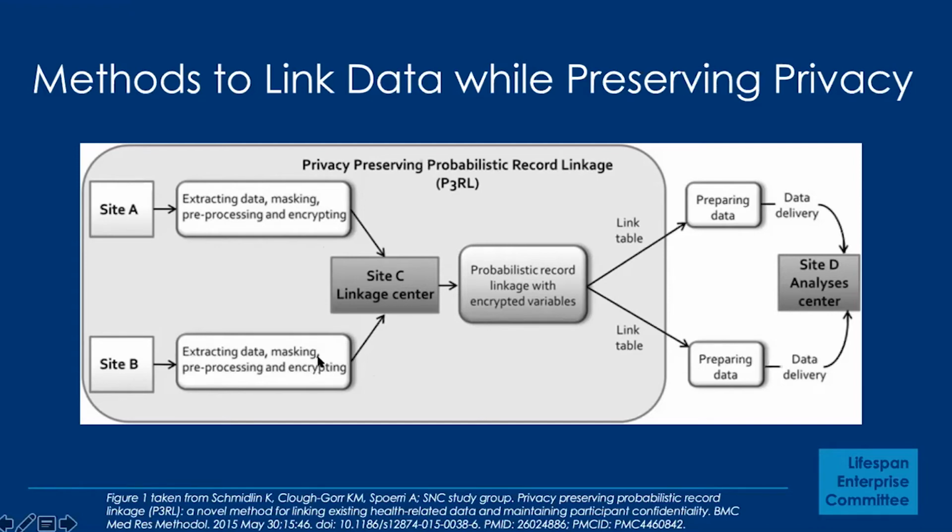identify that participant or patient's PPL number or hash ID, and then that hash ID is the only thing that gets shared with the linking center of site C. That hash ID is unique in that if I put the same identifiers in, the same name, the same address, the same social security number, I will always get that same hash ID out.